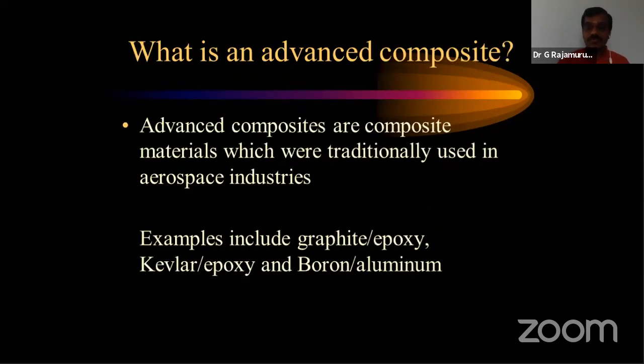The advanced composites. Nowadays they are creating different types of advanced composites. These advanced composites are materials which are traditionally used in aerospace industries. I think more than 70 to 75% of composites are used in automobile industries, and 10 to 15% in aerospace industries.